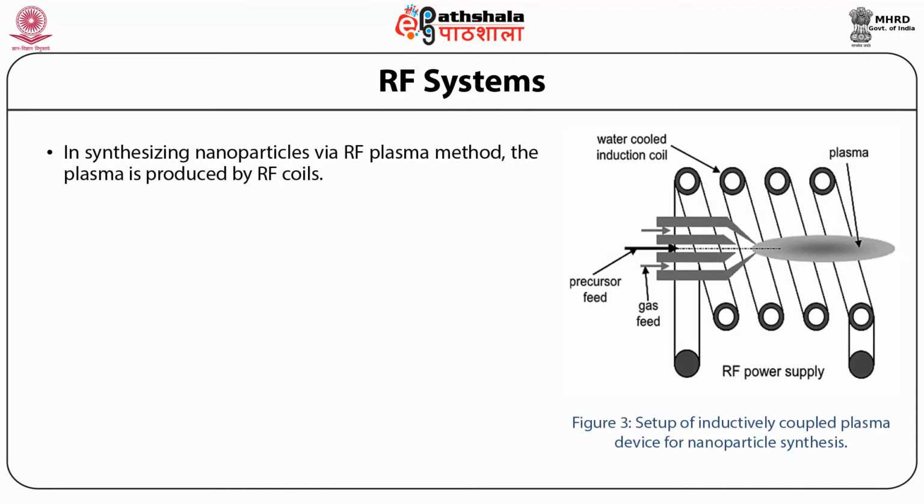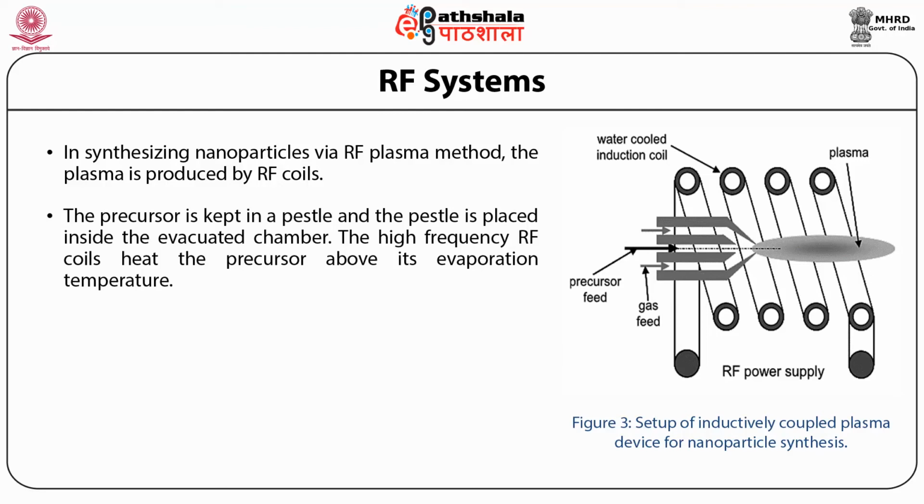In synthesizing nanoparticles via the RF plasma method, the plasma is produced by RF coils. The precursor is kept in a vessel and the vessel is placed inside the evacuated chamber.